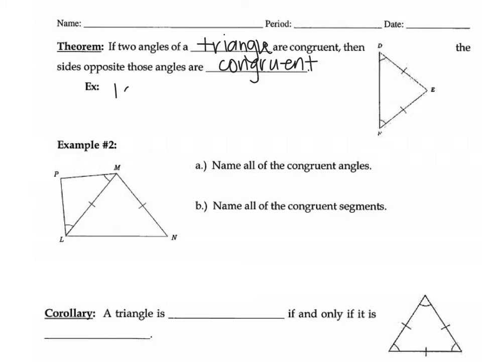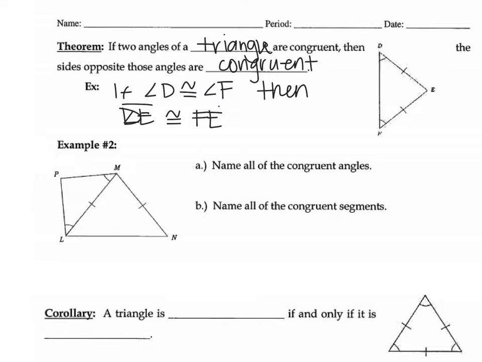So we have angle D congruent to angle F. Then we know those opposite sides, DE and FE, are congruent, which would then make the triangle isosceles as well.